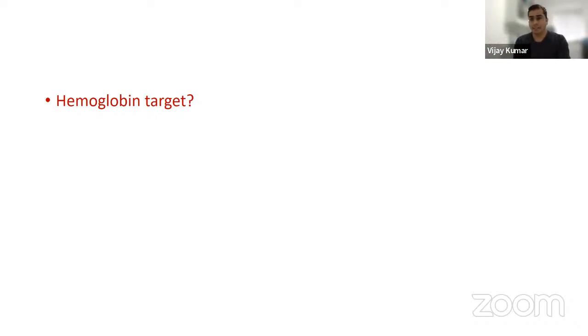But it's still going on, and I don't know what the interpretation is going to be. But from my point of view, I don't want the patient's hemoglobin to go below 7. Okay, keeping above 7.